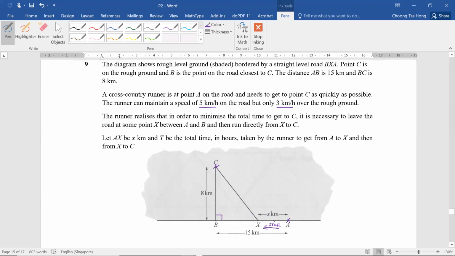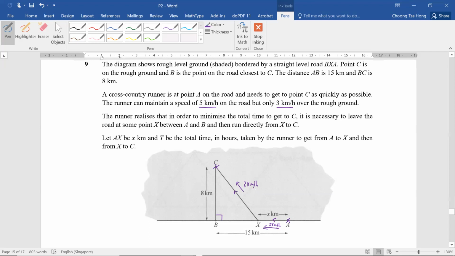So he needs to run from A to X, and then at this point X, he needs to leave the road and move into the rough ground to go directly towards C. Remember, the speed along the rough ground will be 3 km per hour. Let AX be x.